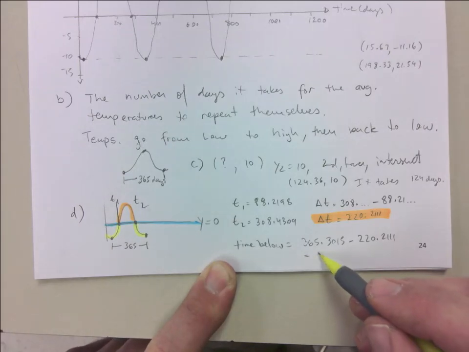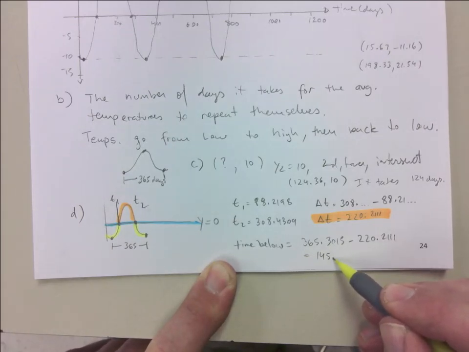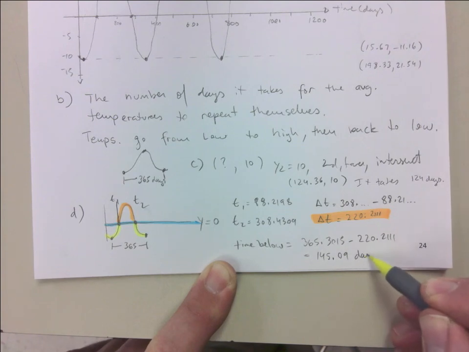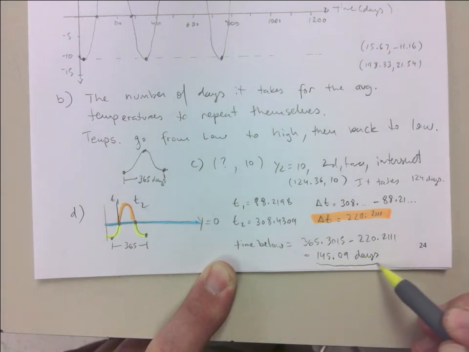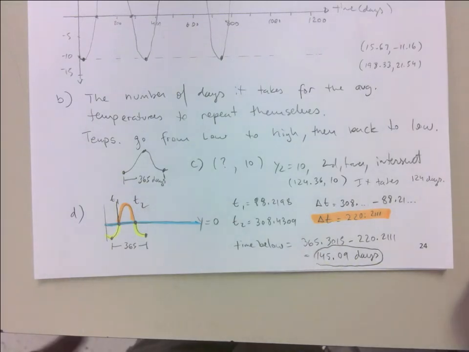And that gives you 145.09 days. Definitely not Winnipeg, because Winnipeg is like 359 days below freezing, it seems, this year. Okay? So that is what we wanted all along.